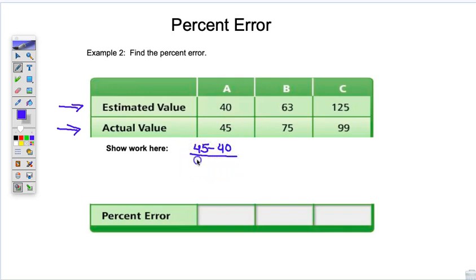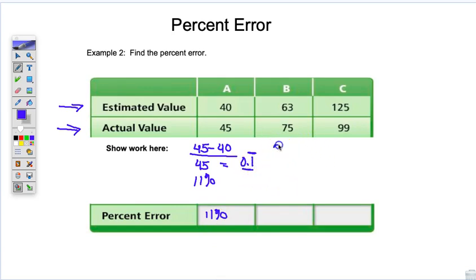And we want to always divide by the actual. So in this first one, I'm going to get 0.1, and I notice that that's a repeating decimal. So I can either move that 2 places to the right and give it as a percent, which it's asking me for that here. And I rounded that to the nearest whole percentage. Leaving it as a decimal, it would look just like this.